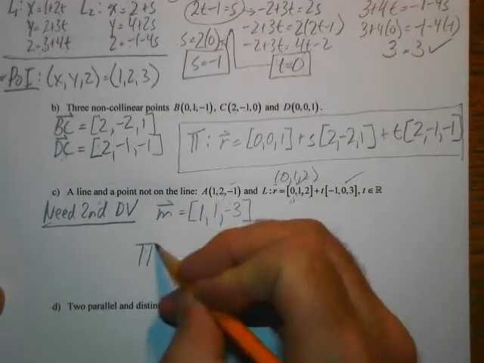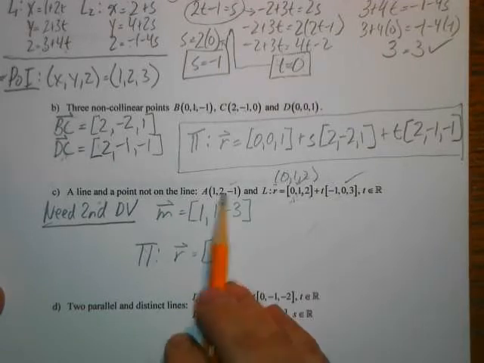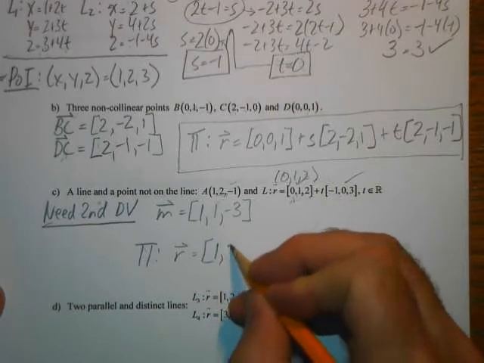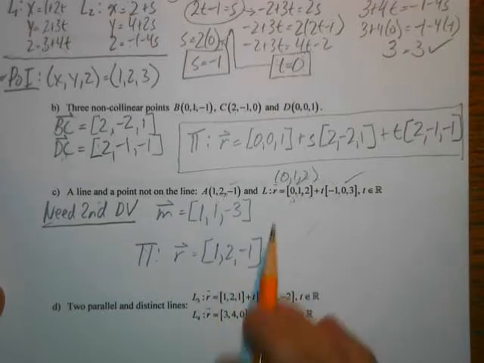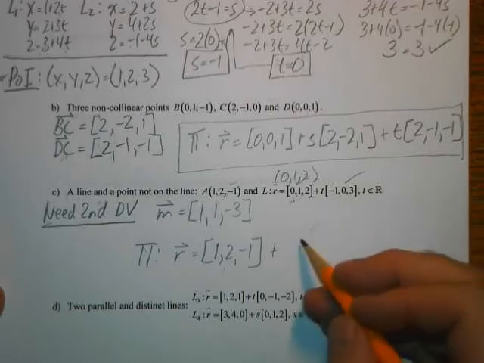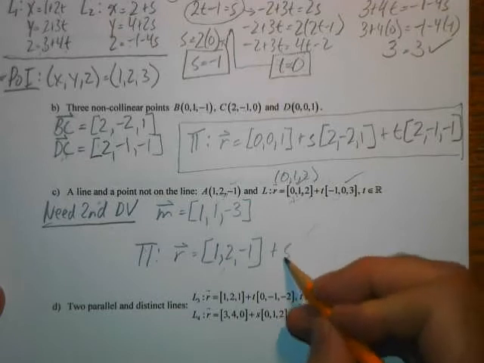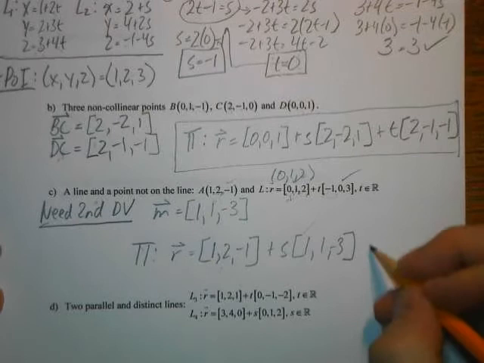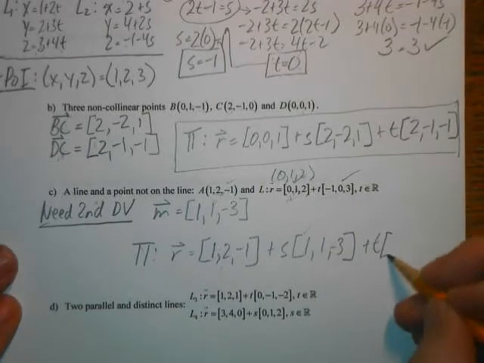So my equation of the plane is r is equal to, and I'll use maybe a new position vector, like I said, just to show we can. It would be totally fine to keep that position vector here, plus a scalar multiple of, I guess I'll use my new one to keep that as the s, s times 1, 1, -3, plus t times the original direction vector of the line, -1, 0, 3.